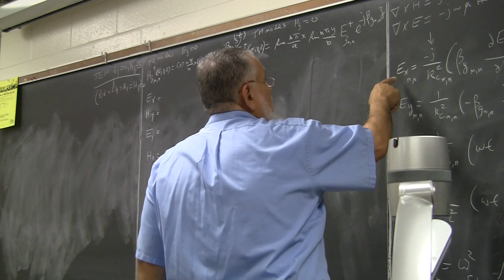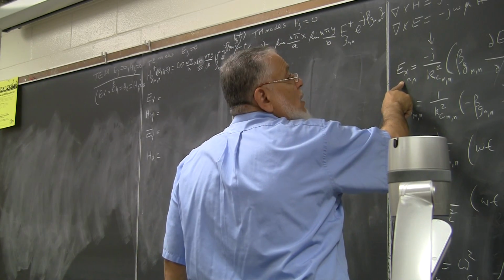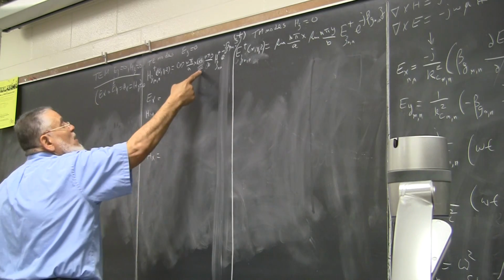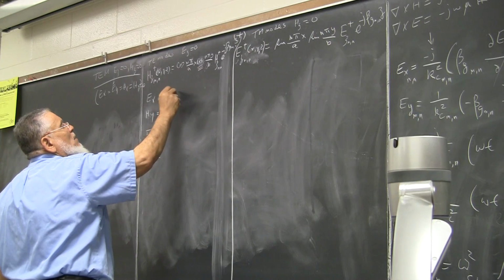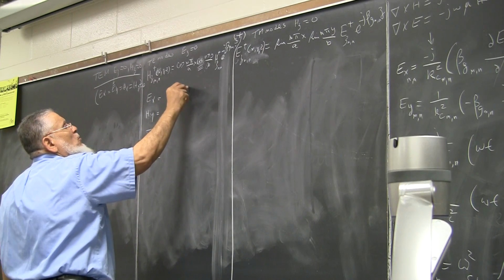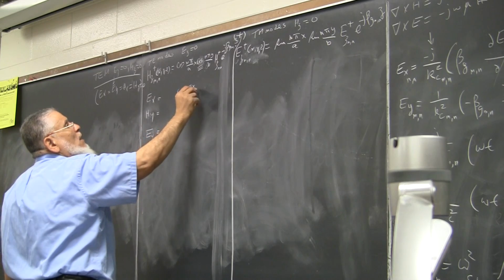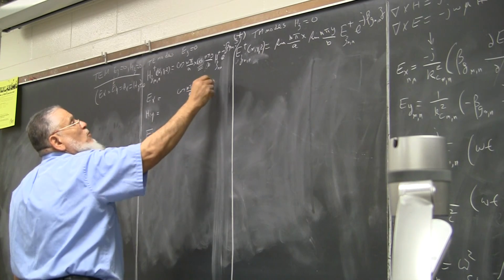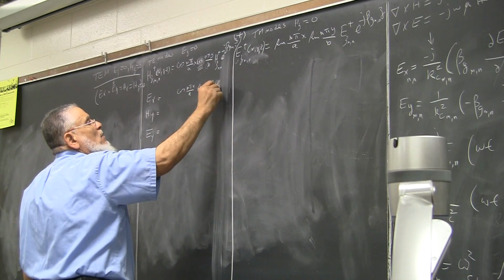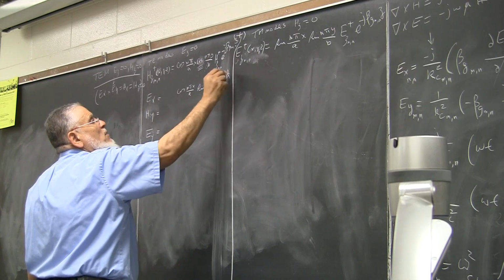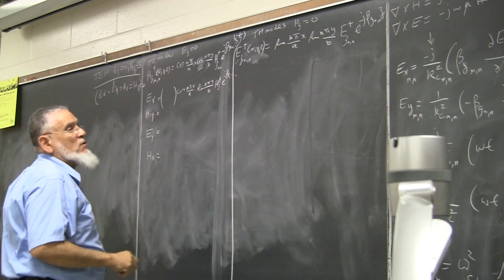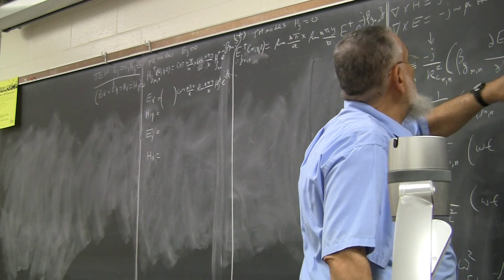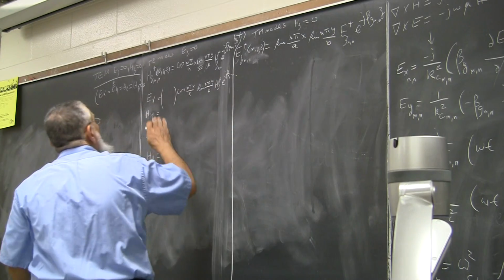Now the Ex will have the derivative with respect to y, which will give us a minus sign. So we still have a cosine m pi x over a, and a sine n pi y over b, and we still have the Hz plus e to the minus j beta z, etc. But the coefficient now is, when I differentiate, a minus j omega mu over k sub c squared. I have to squeeze that in.